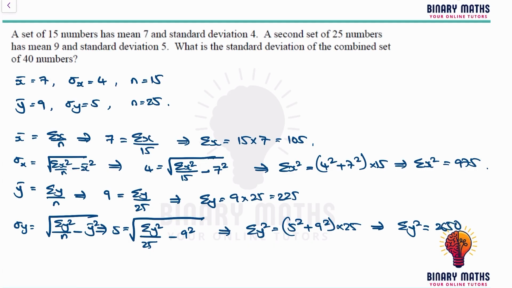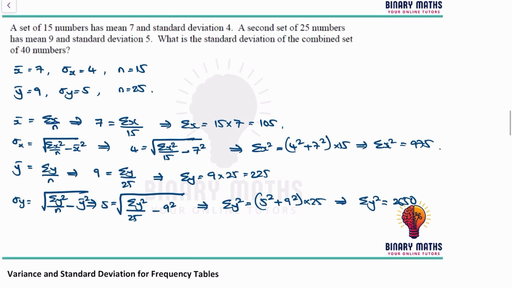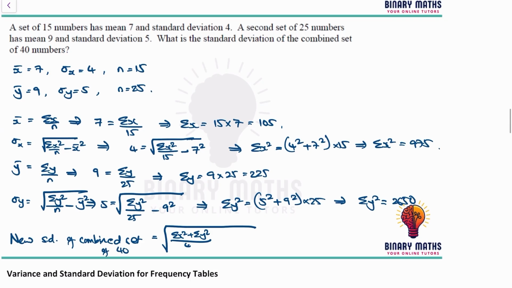Now I need to find the new standard deviation. The new standard deviation of the combined set is equal to the square root of sum of x squared plus sum of y squared over the total, which is 40, minus sum of x plus sum of y over 40, all squared.